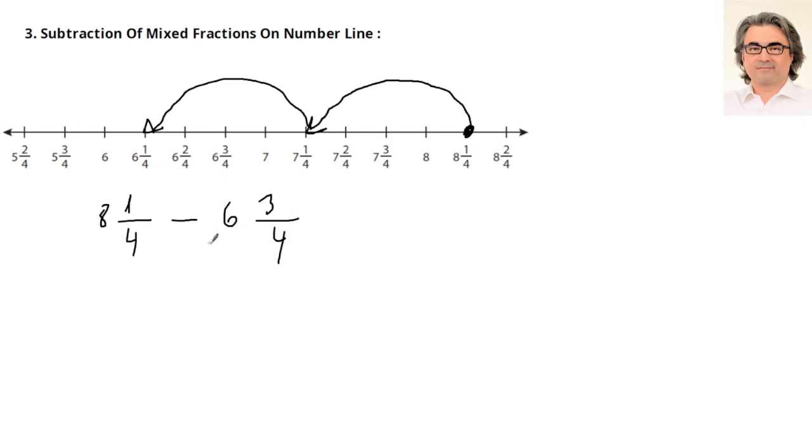But I need 4 more units because the whole number of this mixed fraction is 6. So there is no place. Let's write another, a bit smaller fraction to make this operation.